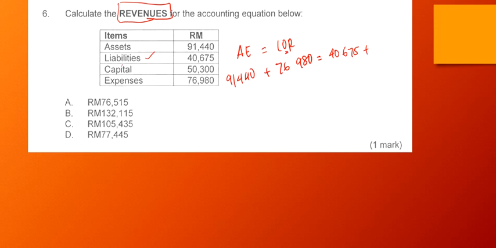Owner's equity consists of capital. Okay, so capital 50,300 plus R, revenue. Revenue kita kena cari. So now boleh tak cari revenue? Boleh kan? So revenue equal to 91,440 plus 76,980 minus 40,675 minus 50,300.